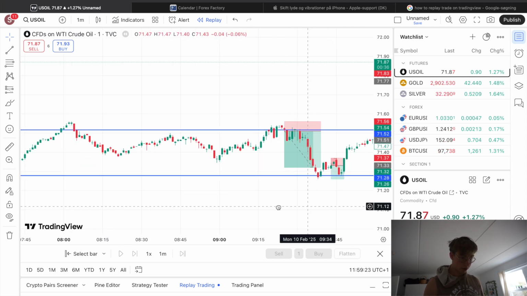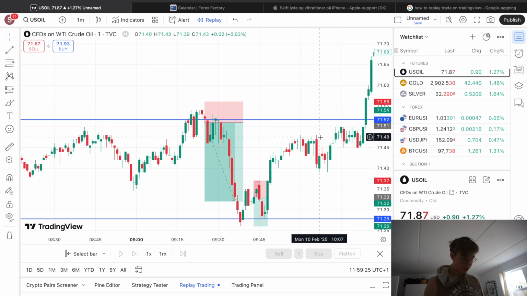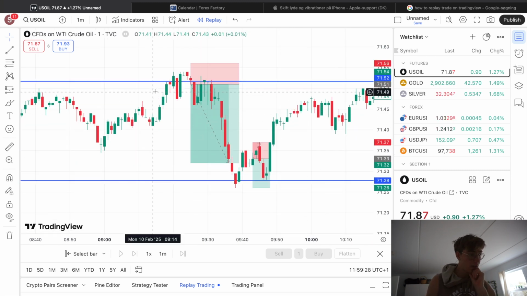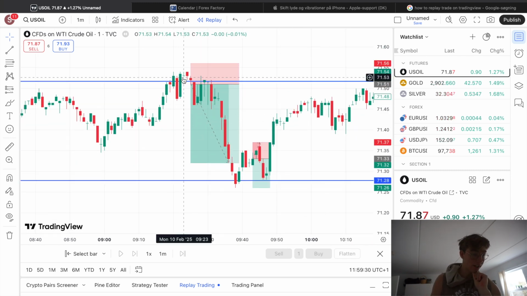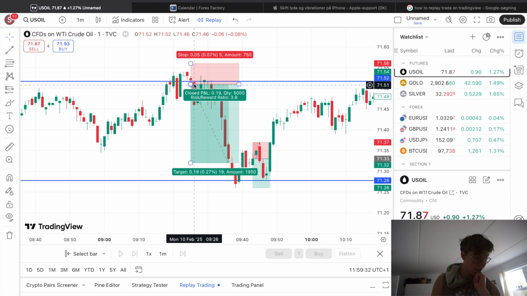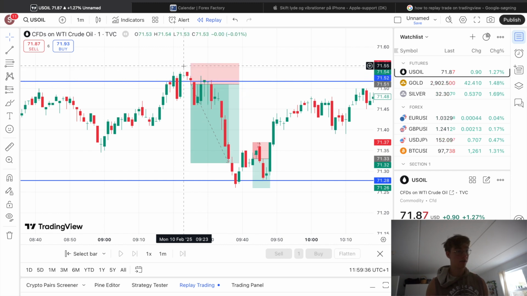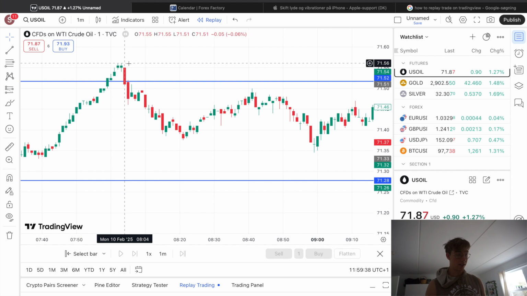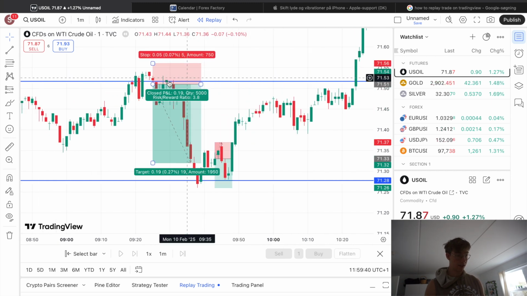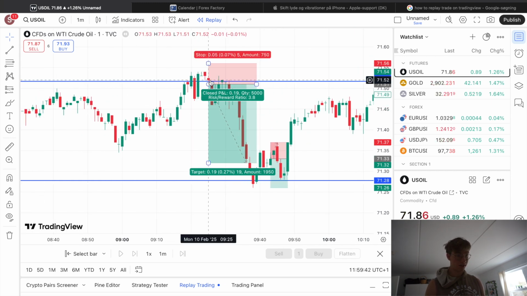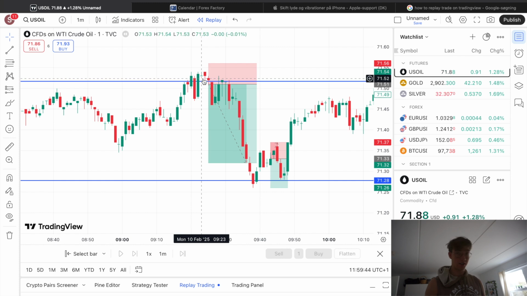Let's squeeze this together a little bit. So we swept liquidity once again, and I entered off of this candle where we were a bit in danger, and I put my stop loss above this area of liquidity because I knew we only just swept it. So I was like, yeah, above the liquidity sweep.